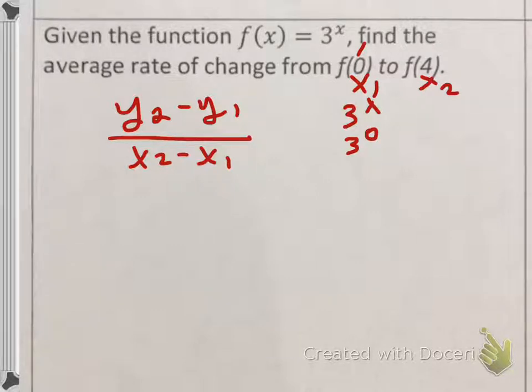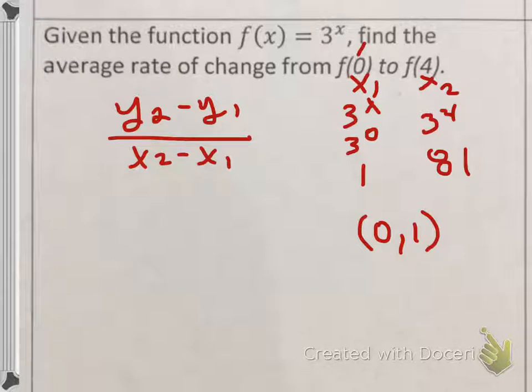So this one would be 3 to the 0, which is going to be 1. So my first ordered pair is when I put 0 in, I got 1 out. My second ordered pair, I'm going to put 4 in. So 3 to the 4th power is 81 because it's 3 times 3 times 3 times 3. So when I put 4 in, I got 81 out, and I'm going to sub those into my formula.